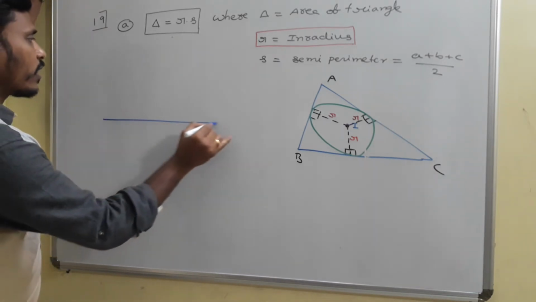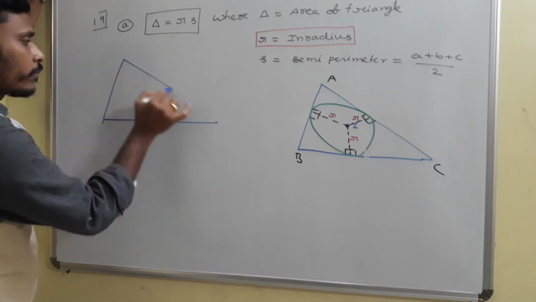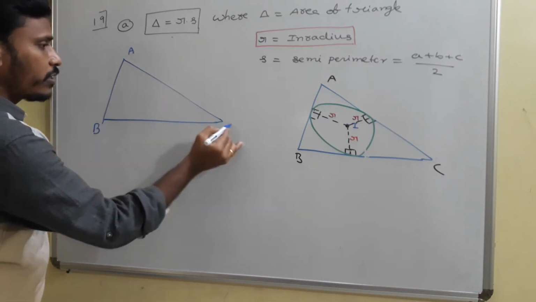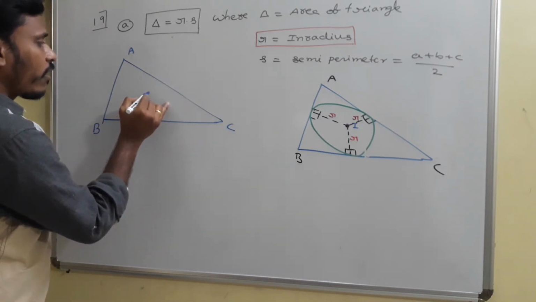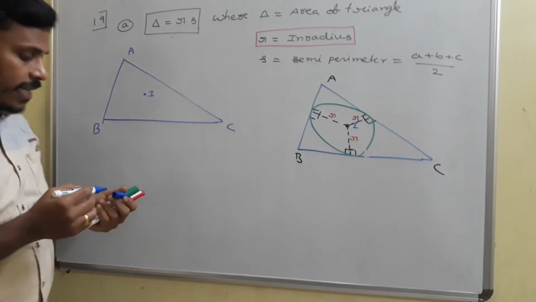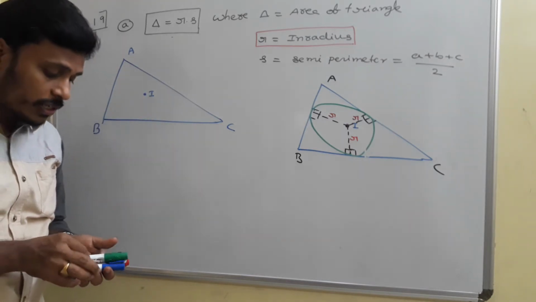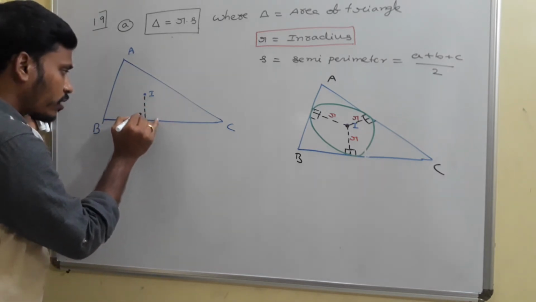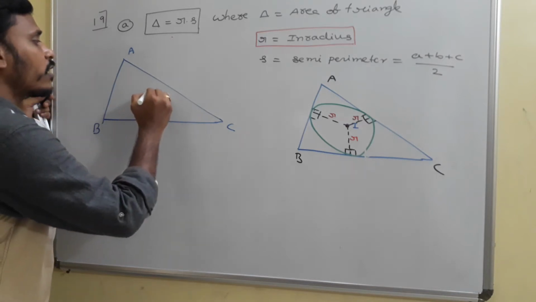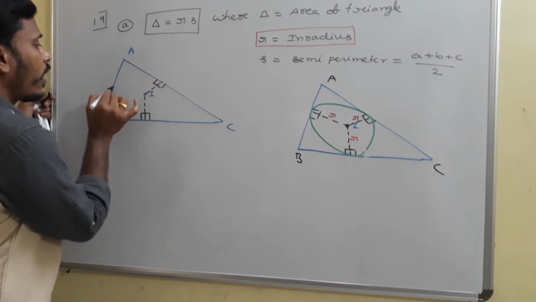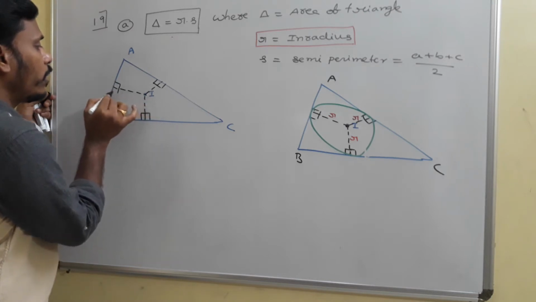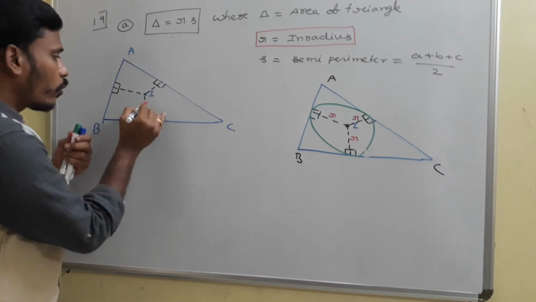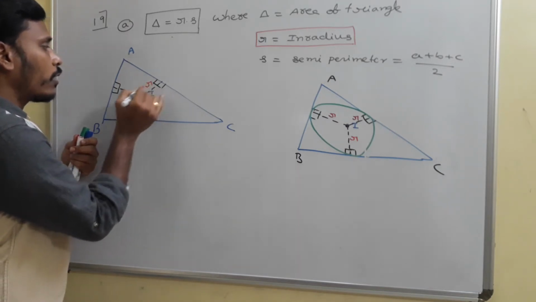Suppose we have this triangle ABC, and there is the in center in the triangle, you just mark it as I. As I mentioned, the in center is equidistant from the 3 sides of the triangle, so the distance from in center to the side BC, the distance from in center to the side CA, and the distance from in center to the side AB, all these 3 are equal, and all those 3 are equal to the in radius small r.